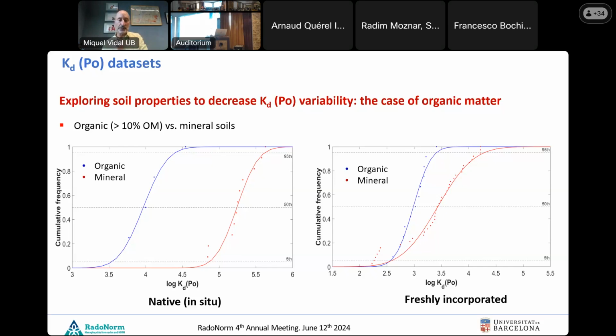So you may see here how different the Kd can be, playing with these distribution functions and just grouping according to different factors. So it's clear that a single overall Kd value is useless for risk assessment exercises.